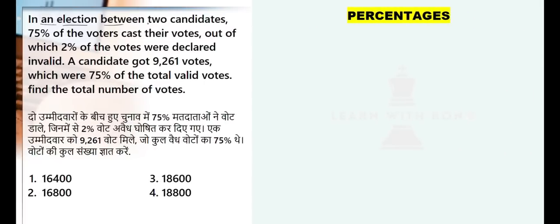In an election between two candidates, 75% of the voters cast their votes. Means if P is the total number of votes, in this total number of votes 75% of votes are cast. 75% is how much? 3 by 4, right? So in this total votes, 3 by 4 multiplied people cast their votes, out of which 2% of votes were declared invalid.